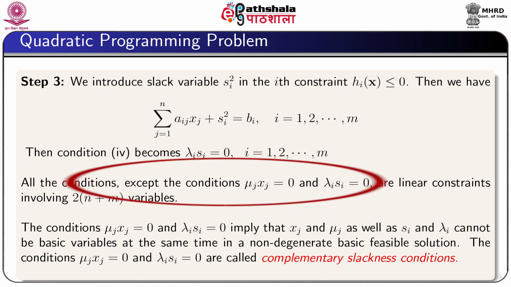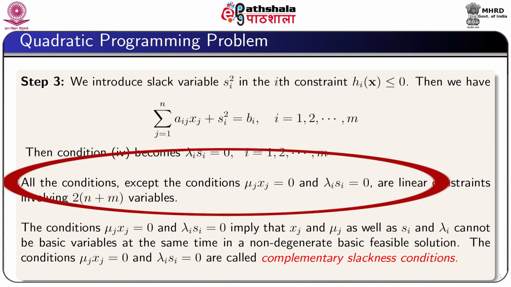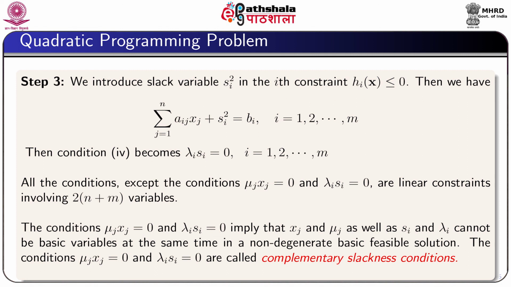All the conditions as shown above, except the conditions mu j xj equal to 0 and lambda i Si equal to 0, are linear constraints involving 2m plus n variables.